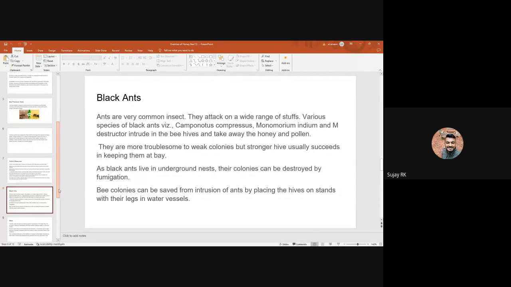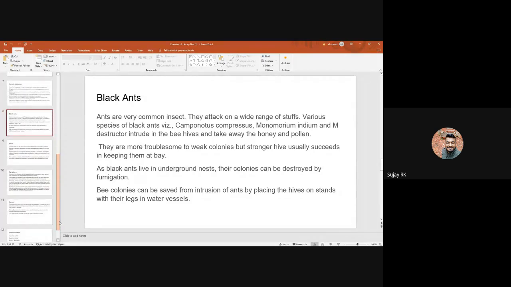Yeah. So black ants, and not only black ants but also red ants, also affect the bee colonies. They are more troublesome to the bee colonies, but a stronger hive usually succeeds in keeping them at bay. As I told, compared to the predator wasps, bee ants are easy to manage by placing water surrounding the bee boxes.